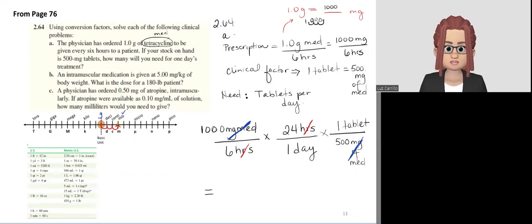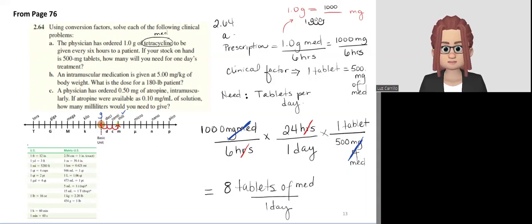We see that overall, you will need for 1 day 8 tablets of the medication in 1 day. Make sure that you practice with the other book problems.